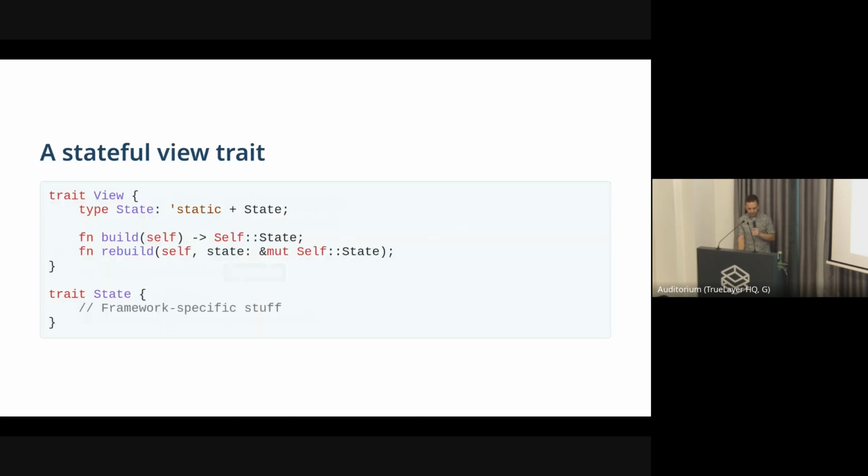So it might look like this. We have a view type, and this could have some captured lifetimes in it, but it has a state type, and that's static. And we can build it to generate an initial state, and then after the first iteration, we can rebuild it by applying it to the old state.